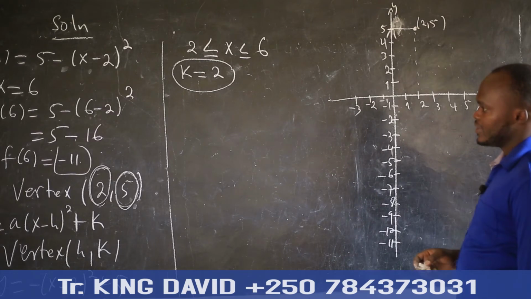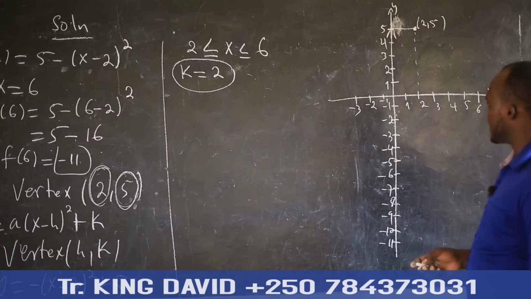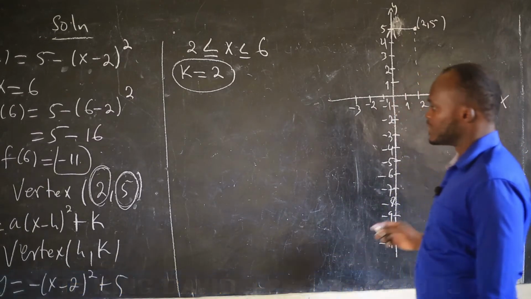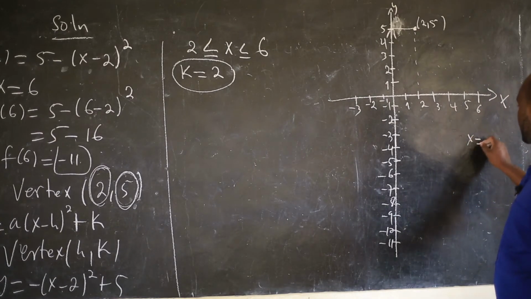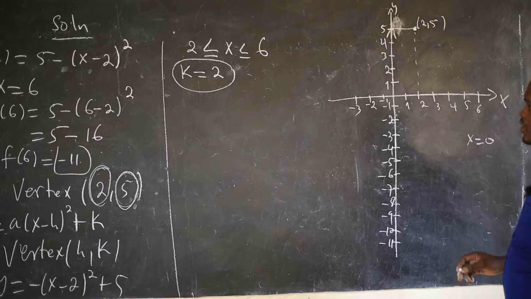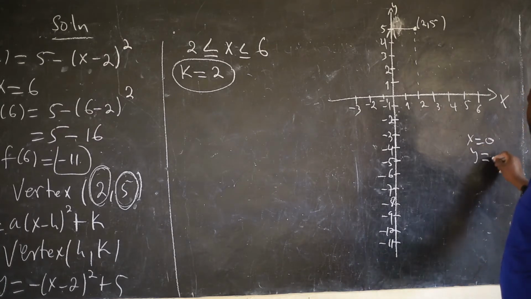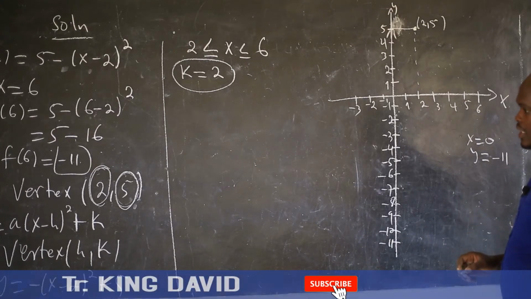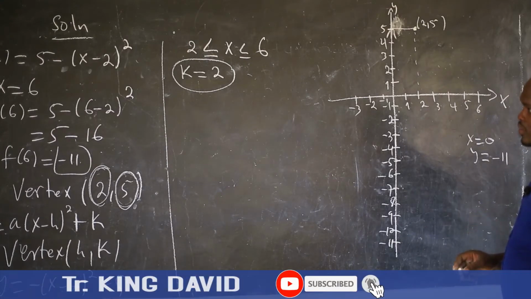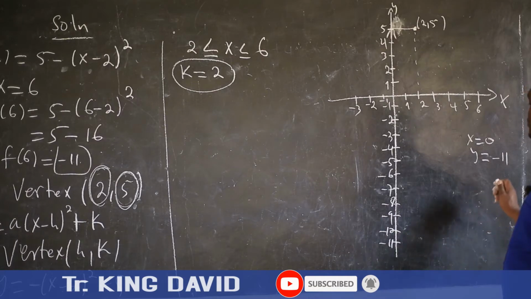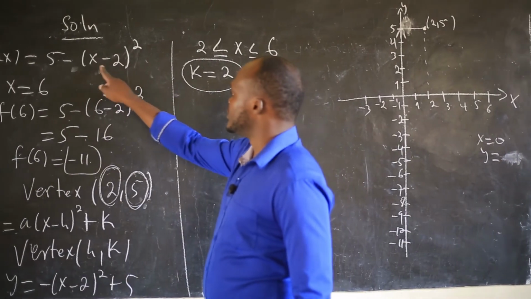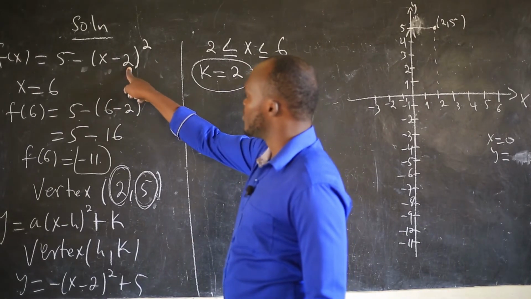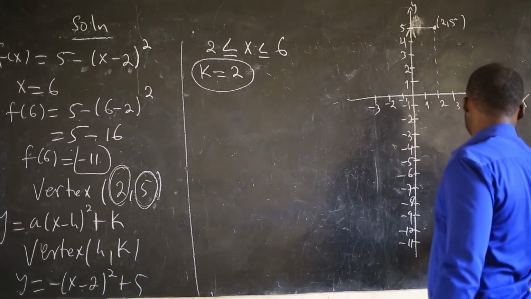So we can find the x-intercept and y-intercept. If x is 0, at x equal to 0, y will be equal to negative 11. Because x is 0, 0 minus 2 is negative 2, 2 squared is 4, that is 1. It will be 1.